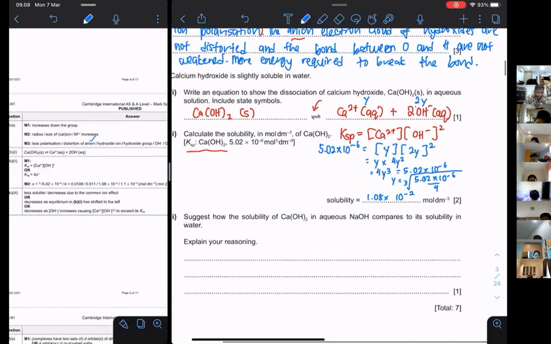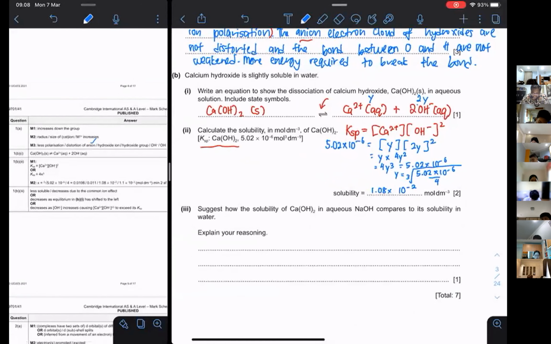Now, suggest how the solubility of calcium hydroxide in aqueous sodium hydroxide compares to its solubility in water. So now you put calcium hydroxide in aqueous sodium hydroxide. Sodium hydroxide, NaOH, gives you Na+ and OH minus.